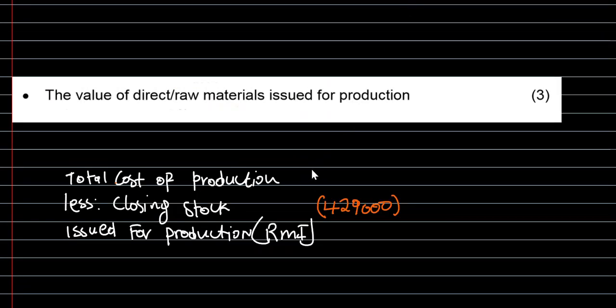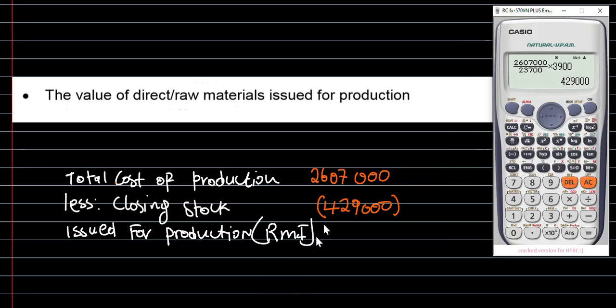Here we have 2,607,000 minus this amount. We're going to take 2,607,000 minus 429,000.